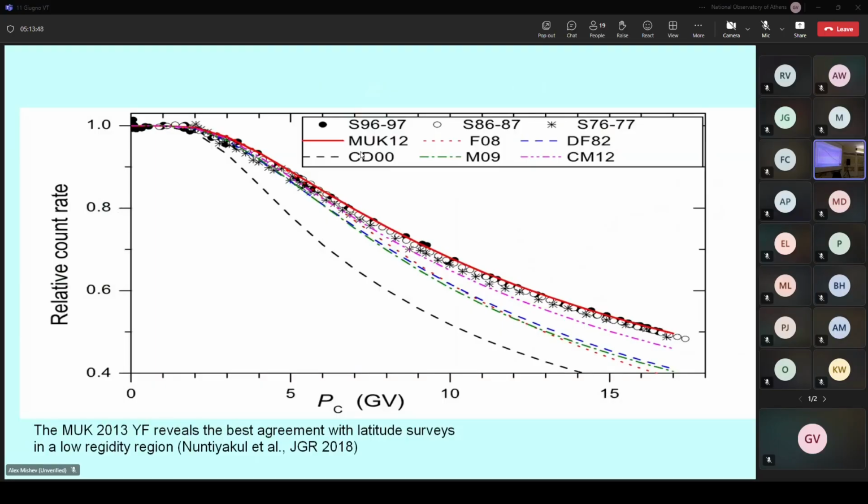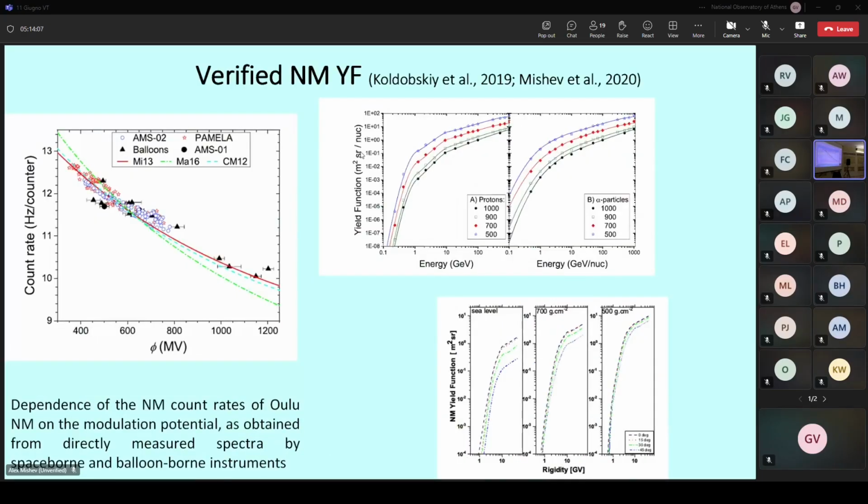In our group some 10 years ago, we considered the typical shower effect and introduced a geometrical correction. You can see that this new generation of yield function is in perfect agreement with the latitude survey.